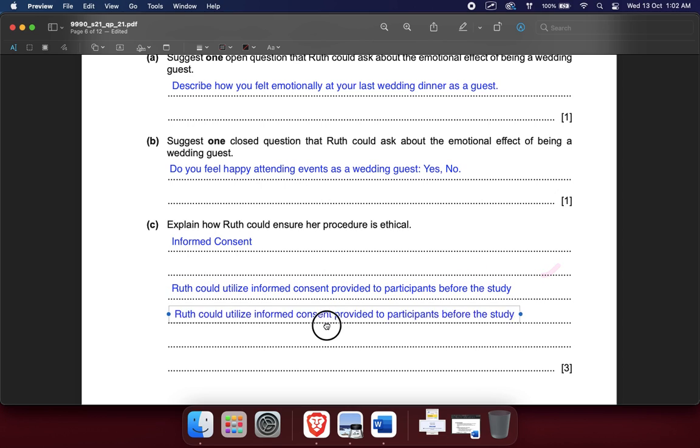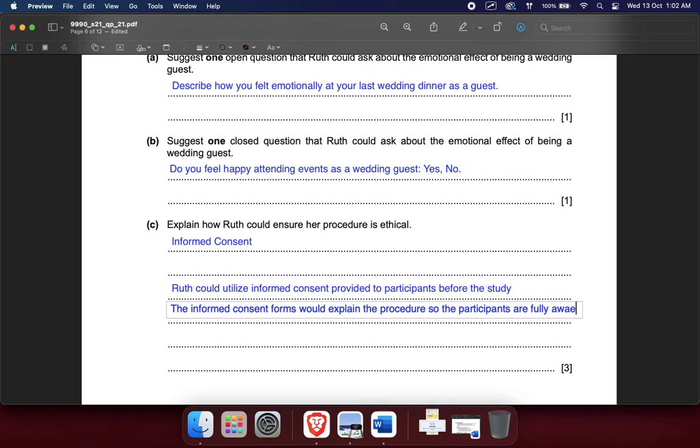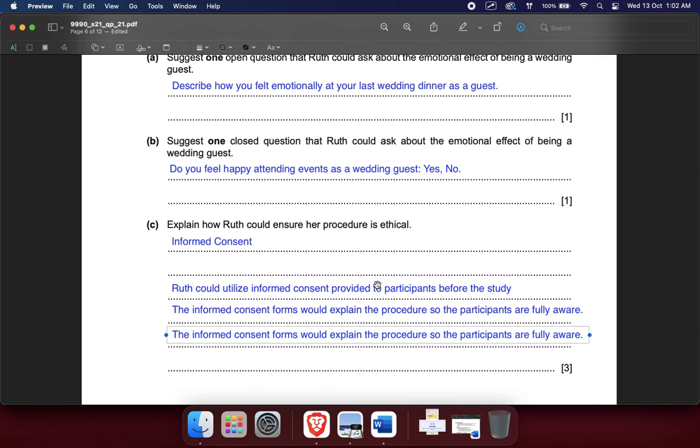Secondly, to get the 2nd mark, what shall I say? The informed consent forms would, what do they do? What does informed consent involve? Explaining the procedure so that people know what they're getting involved in. It would explain the procedure so the participants are fully aware. You want them to be fully aware so that it's ethical for them to take part. So firstly, first mark, you can utilize informed consent.